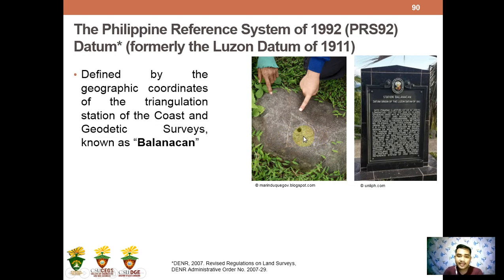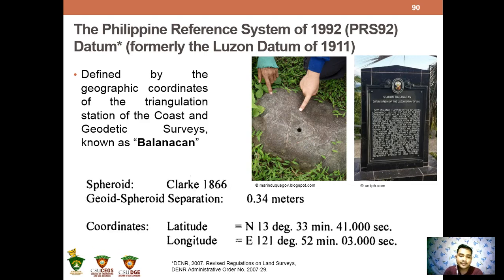So the PRS92 datum is referred to the geographic coordinates of the triangulation of the Coast and Geodetic Survey known as Station Balanacan. So, these are the parameters: the spheroid used is Clarke 1866 and the geoid-spheroid separation is 0.34 meters. This is based on DENR 2007-29.